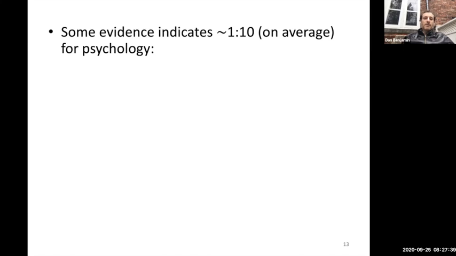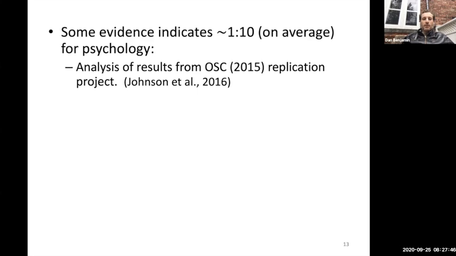So there's actually some evidence in social psychology that prior odds are about 1 in 10 on average. This is from the big replication project that was published in 2015.